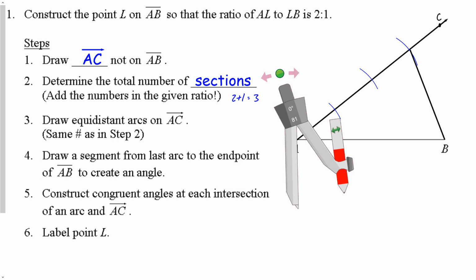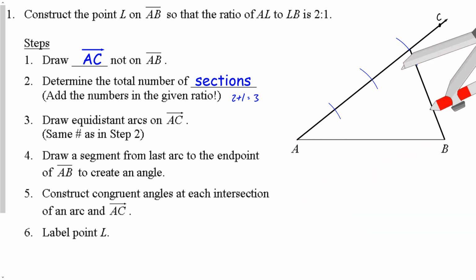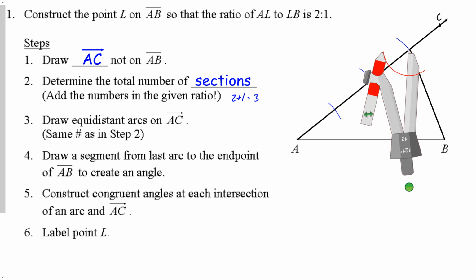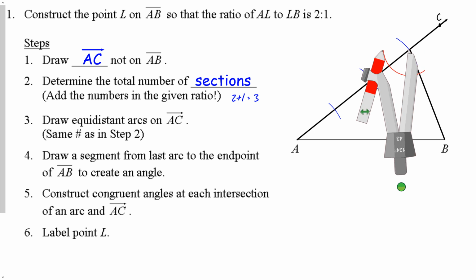That means a congruent angle construction, something we hopefully know how to do pretty well by now. This is my original angle, so I put the point of my compass at the vertex of that angle and make an arc that goes through both sides of the angle.